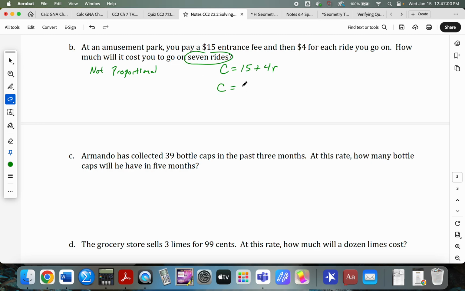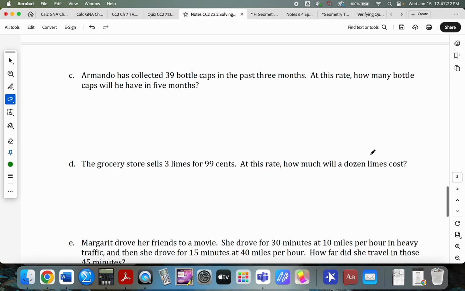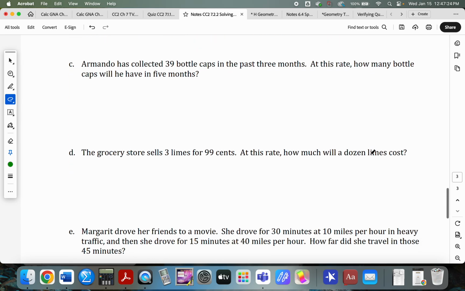So the cost would be 15 plus 4 times 7 is, if I did it right in my head, $43. All right, let's go on to page 3.